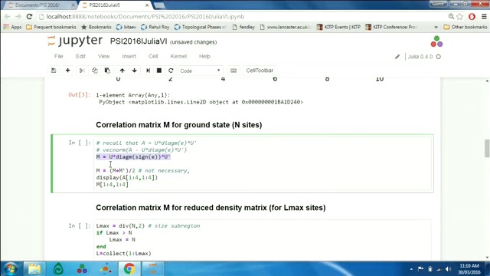So we take the single particle energies, it's a vector, and we only keep the sign, so we go from all these values to ones and minus ones, and we turn it into a matrix. Diag just forms a diagonal matrix with that, and then we conjugate it by U and U dagger. And supposedly this is already the matrix M that we want to diagonalize. This is the correlation matrix that describes the ground state.